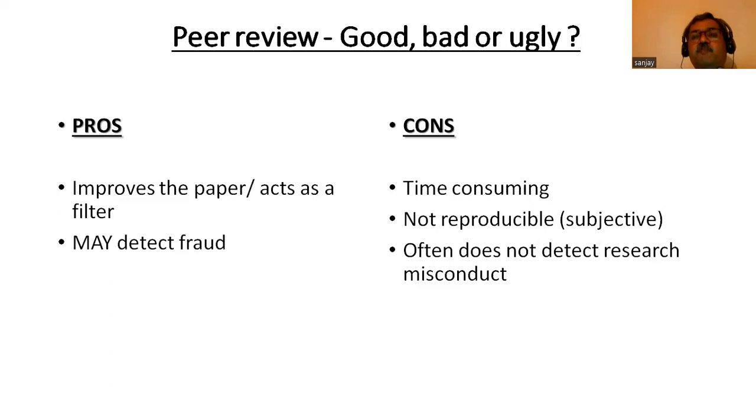You can send the same paper to 2 different referees, and sometimes you can send it to the same referee a few months later, and you'll find that the comments are entirely different. But then it's subjective. Peer review is subjective, we know that. And the last con is, it has been pointed out, as with the Lancet and the New England Journal of Medicine paper on COVID, it often does not detect research misconduct.